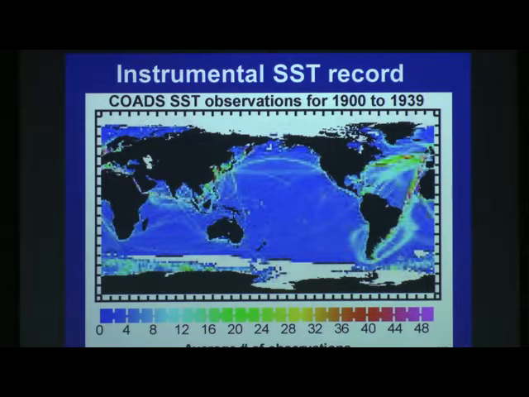These are mostly observations along the coastlines. But if you look at our tropical regions, you'll see there are very few observations here in the Pacific, and then over here in the Caribbean, Western Atlantic, and into the Gulf of Mexico. So very few observations in the early part of the 20th century. As we move forward, we have more and more observations.